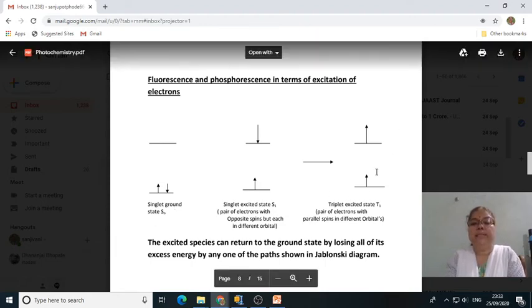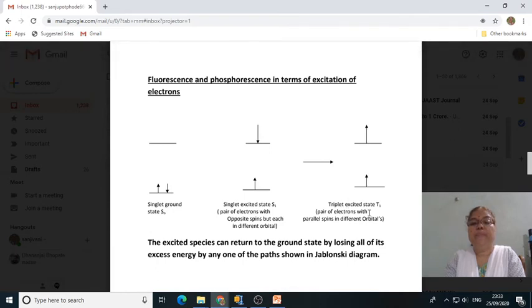Then this state is termed the triplet excited state, a pair of electrons with parallel spins in different orbitals. Singlet and triplet states are calculated using the spin multiplicity rule. Spin multiplicity is given by 2s plus 1, where s is the total spin, either 1 or 0.